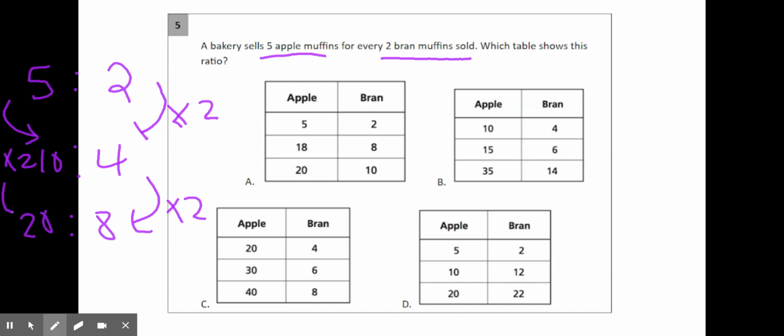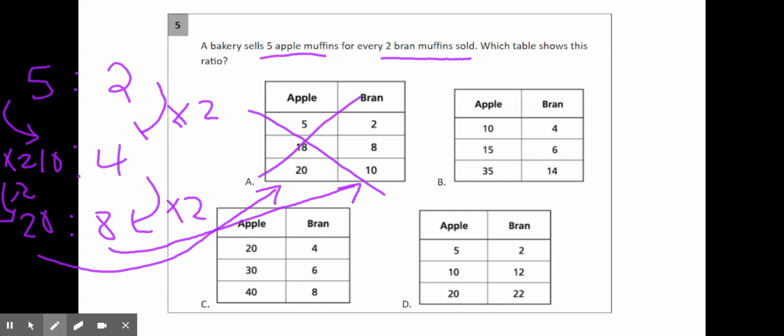As you can see, we can already start eliminating some answers. Here, when we have 20 apples for A, the correct answer should be 8. So A is not correct. And then 4 here, when we have 4 bran here, it says we have 20 here, but that's incorrect because that does not equal 10.